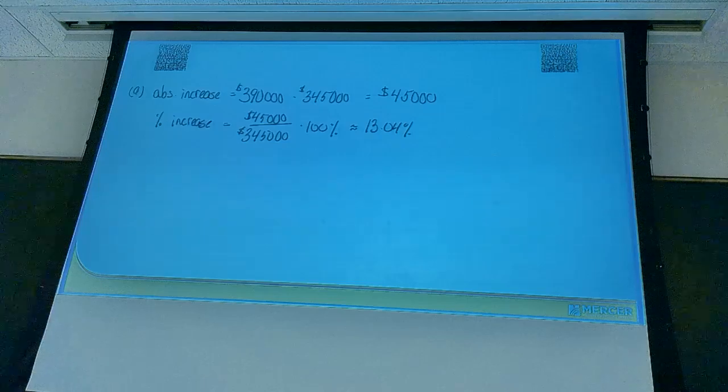About a 13.04% increase. Round down, 13% increase.